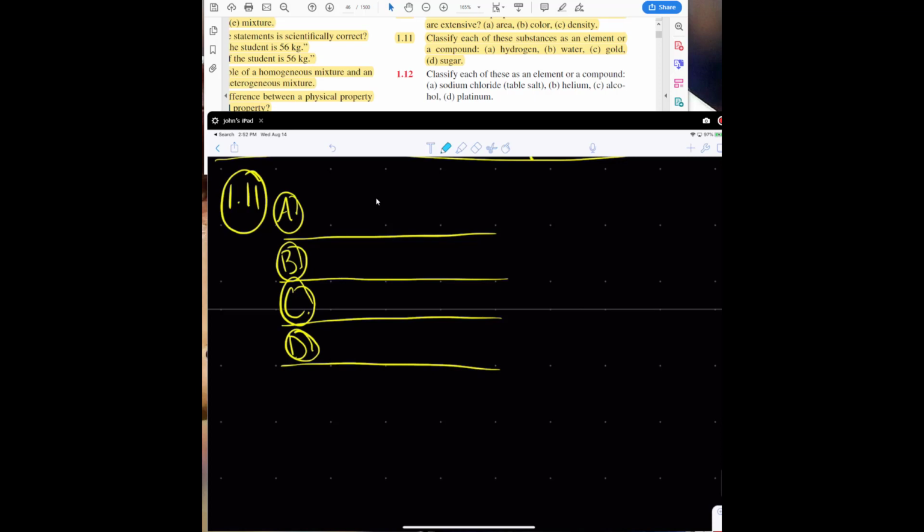Well, starting with A, hydrogen. We know hydrogen is H2. So if it's H2, then it's a diatomic. That means that it's an element.